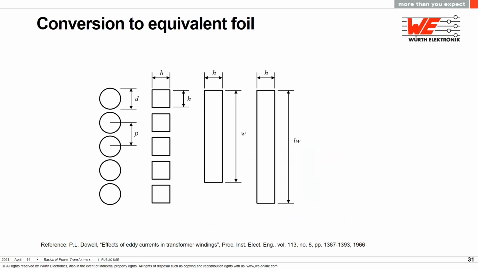In 1966, in Europe, P.L. Dowell wrote a paper, Effects of Eddy Currents in Transformer Windings, where he applied the mathematical approach used to derive eddy currents in motor armatures to transformers, specifically signal transformers. At the time, switching power supplies were in their infancy.